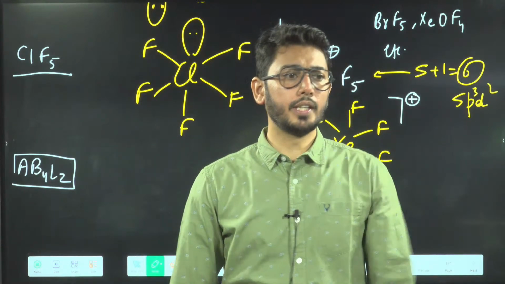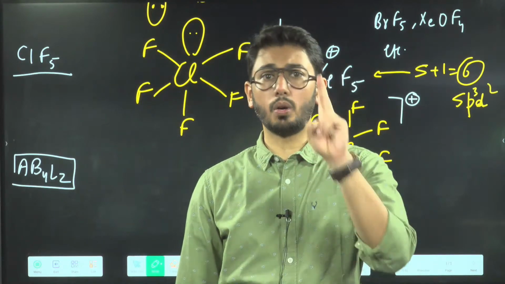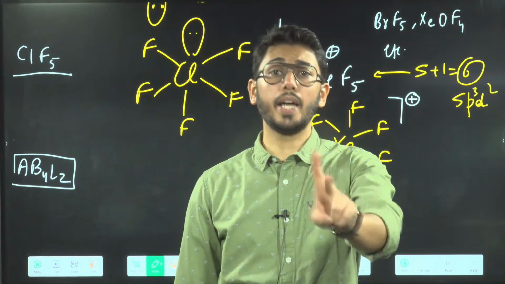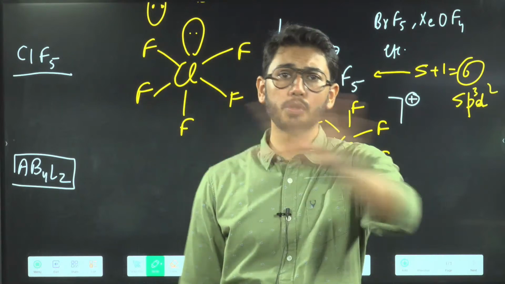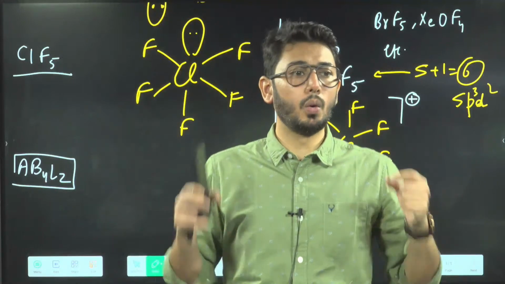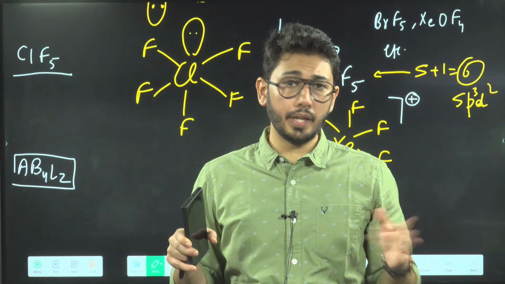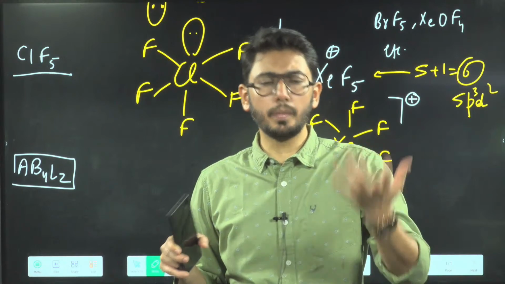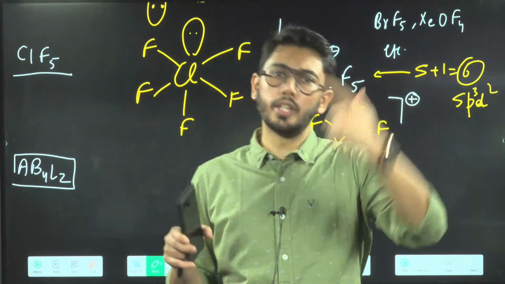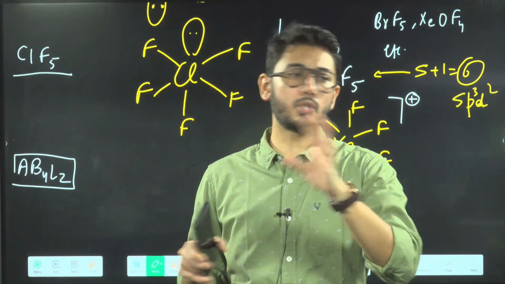That's the point: whenever 2 lone pairs are there in octahedral, you will put them at 180 degrees. Anywhere, but they should be at 180 degrees. Clear? If 2 double bonds come in some example, like in AB6 we have done, they should also be at 180 degrees, for best geometry.